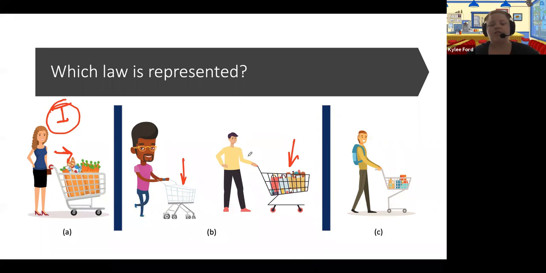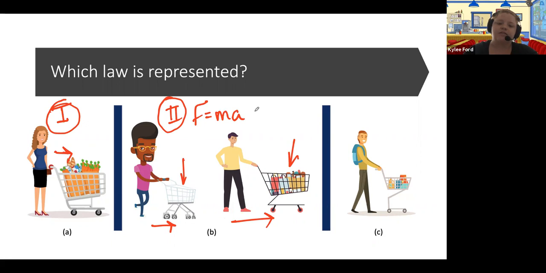So if I wanted to know what type of forces these guys would need to exert on these carts to get them to move, I would be using Newton's second law of motion. Remember that a force is equal to a mass times an acceleration.